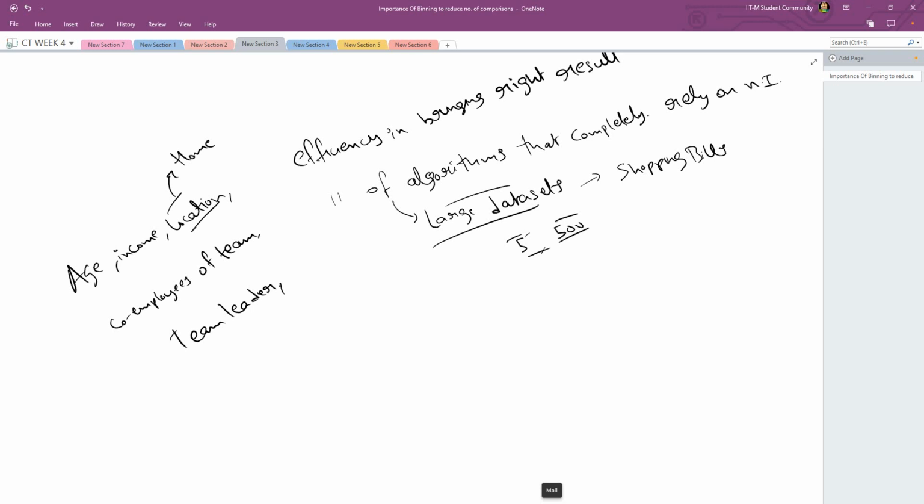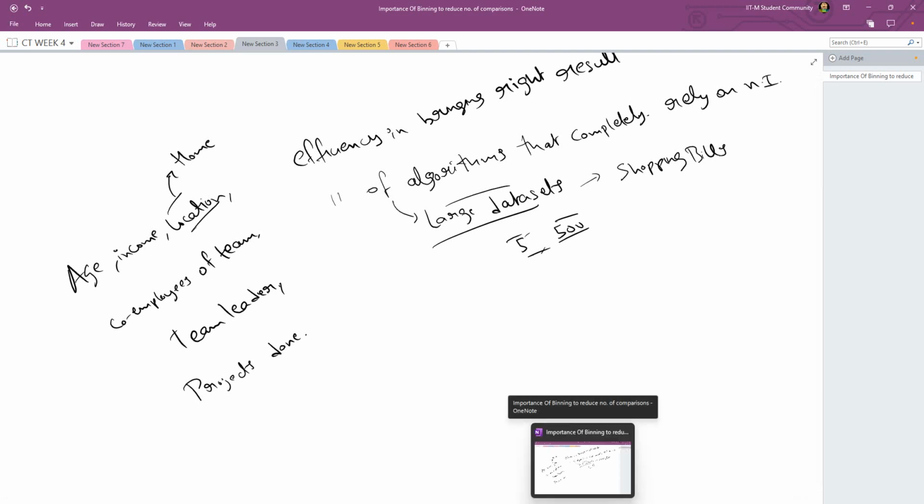Team leader and age, income have been used here, co-employees of the team leader and number of projects done. I think I am clear with the data set elements. These are the fields present in the data set.